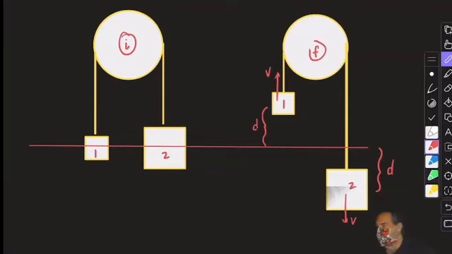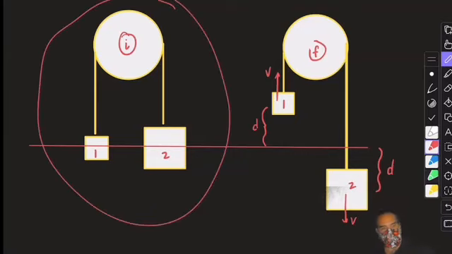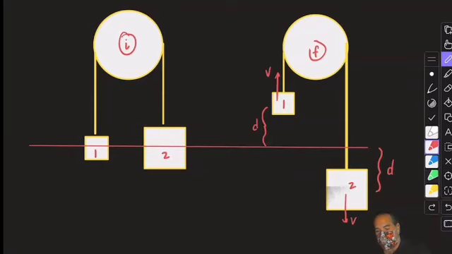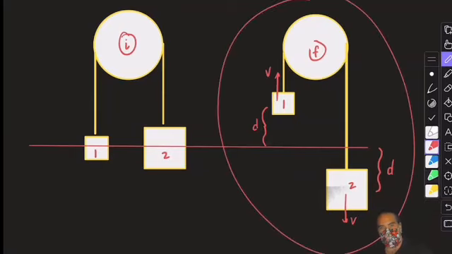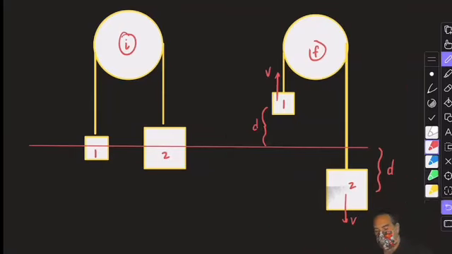If we believe energy is conserved in this problem, then the energy that is available to the system here has to equal the energy that's in the system here. So we have to ask the same questions we've been asking. There's no springs involved, so I'm only interested in the gravitational potential and the kinetic energy at each one of these states.